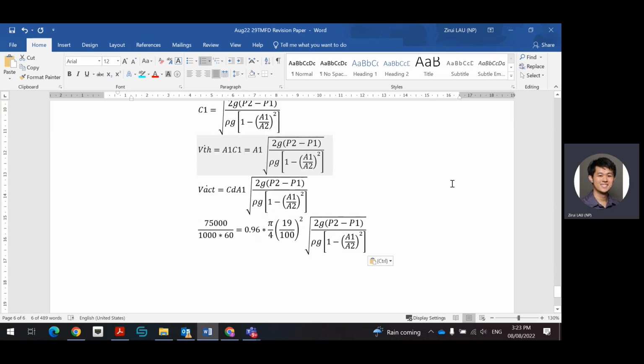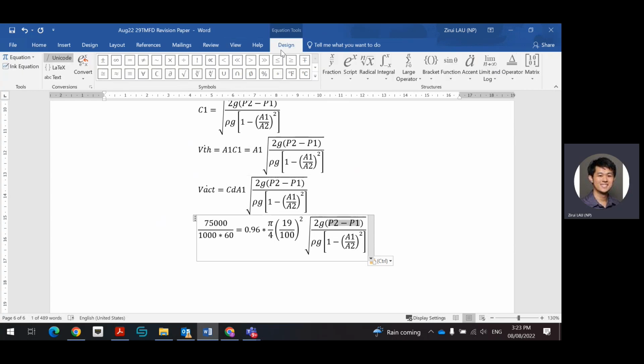All right, so we do not know the density, right? So we'll just put it as density times G times 8 meters, because the pressure drop P2 minus P1 is 8 meters of the flowing liquid.